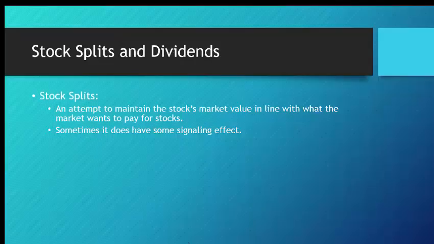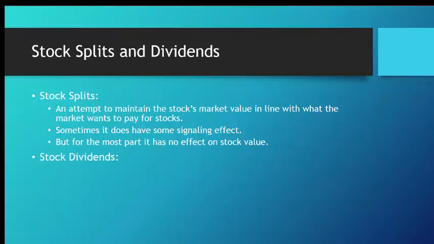So there can be some signaling effects in the price of the stock, but usually there aren't in a stock split. So for the most part, stock splits don't affect the value of the stock at all.